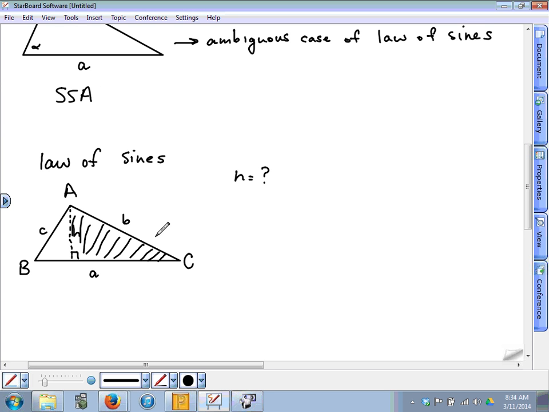Using this triangle that I've blacked out here, what about sine of C? What's the definition of sine? If we're just thinking about this right triangle, what's opposite of angle C here? H over B. Sine of C is equal to H over B. So now what is H equal to?